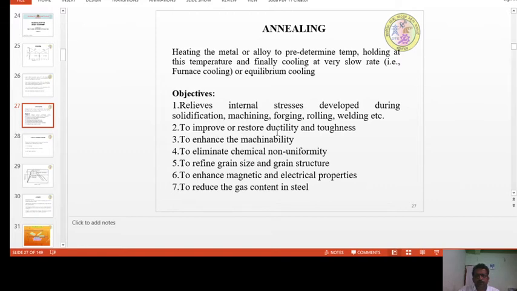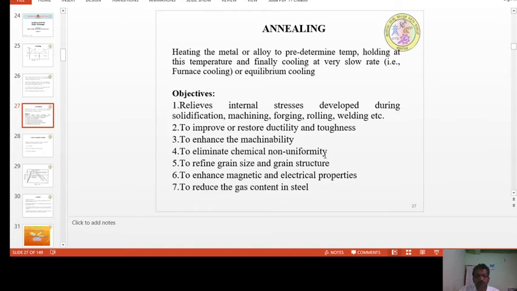To improve or restore the ductility and toughness. Once the structure is destroyed, naturally the ductility and toughness also decrease. This is also done to enhance the machinability and to eliminate chemical non-uniformity.